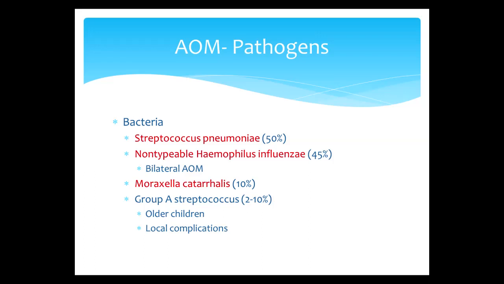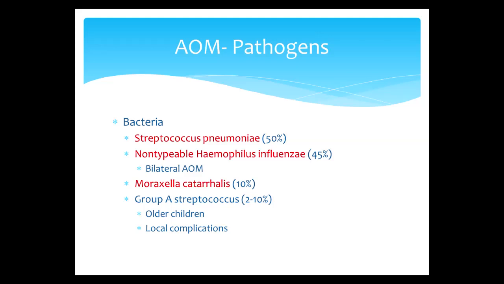Pathogens, primarily Strep pneumo and Haemophilus influenzae. And we're seeing a drop in these bacteria because of immunizations. Bilateral acute otitis media is primarily from the H flu. Moraxella is kind of creeping up there.